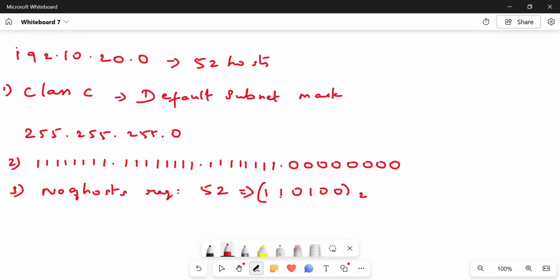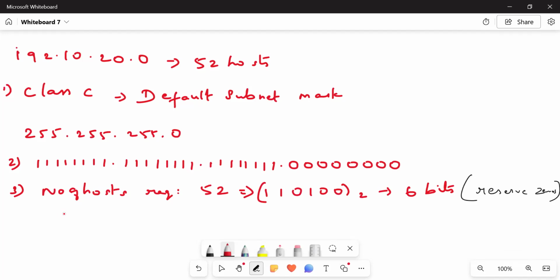How many bits? 1, 2, 3, 4, 5, 6 bits. So we need to reserve 6 bits, 6 zeros. We need to reserve zeros.